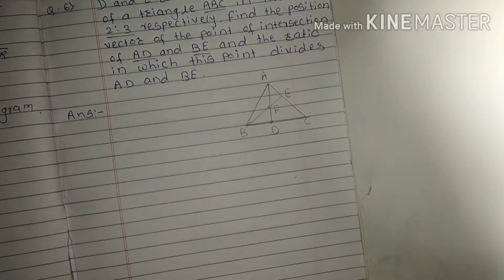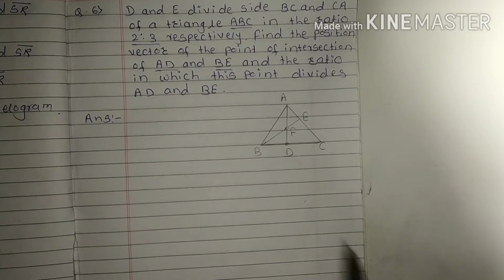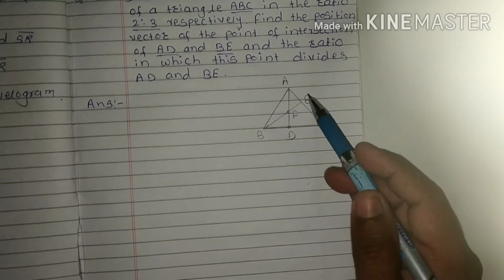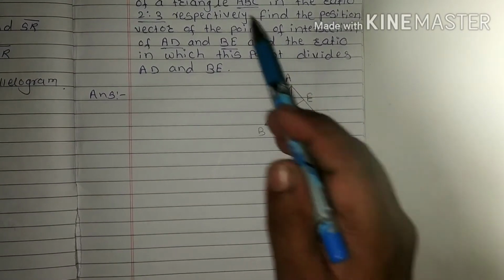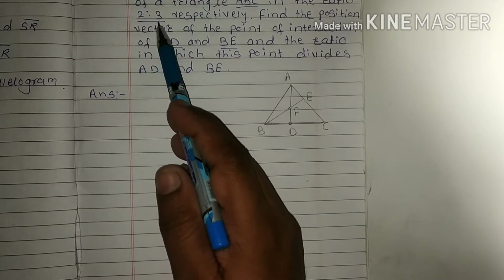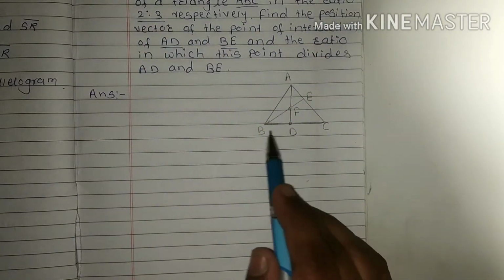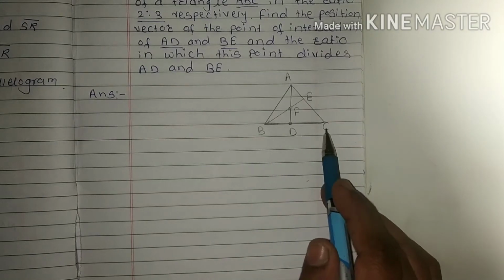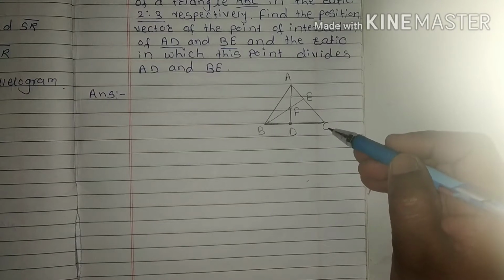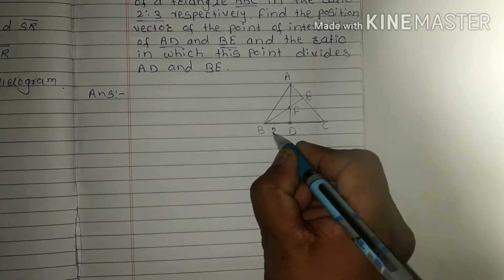In the answer, we are given the points D, E and triangle ABC. Draw the triangle ABC. Point D divides the side BC and E divides the side CA, and the ratio is 2:3.